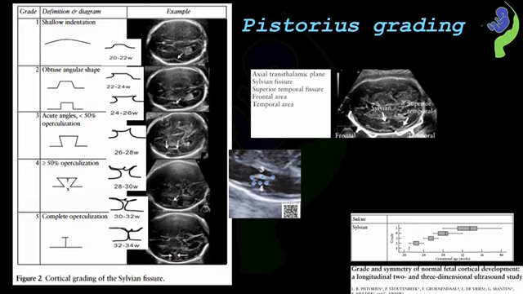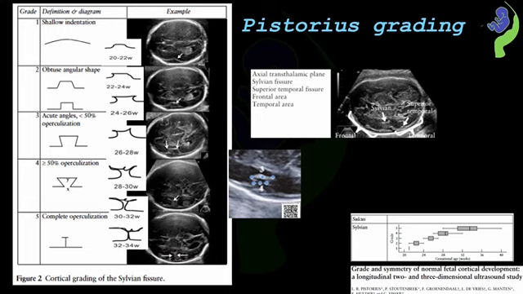According to this grading, grade 1 is shallow indentation, grade 2 is obtuse angle or 90-degree angle, grade 3 is acute angle or less than 50% of opercularization, grade 4 is more than 50% of opercularization, and grade 5 is complete closure.